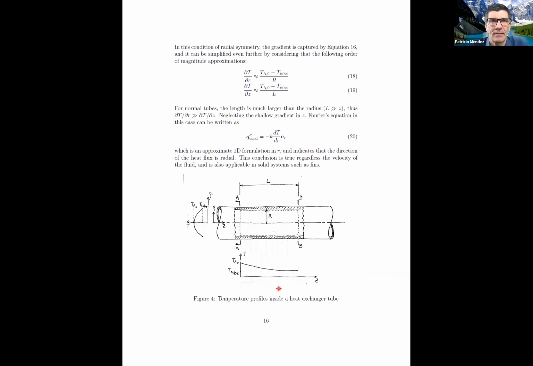So let's assess these two components of heat transfer by conduction. Radially, and this is an approximation, I can do a lot better than this because that was the topic of my PhD thesis, but let's spare all that beauty. I'll be happy to discuss with any of you interested. We can say that the radial gradient is more or less the difference in temperature between the center temperature and the surface temperature, divided by the radius.